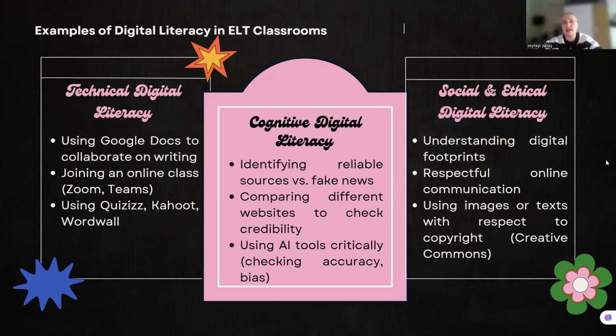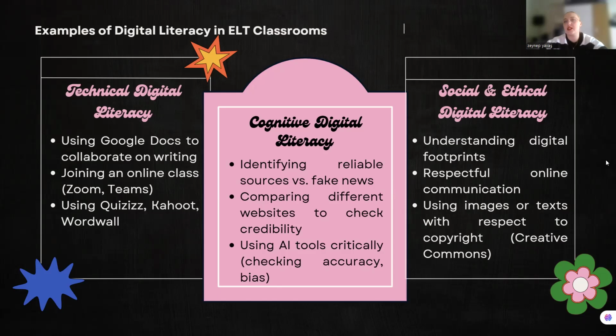In technical digital literacy, students use, for example, Google Docs to collaborate or join online classes like Zoom or Teams, like I use right now, and use tools like Kahoot, Quizizz, and Wordwall. We use these applications in our practicum, and we actually need them in today's world.